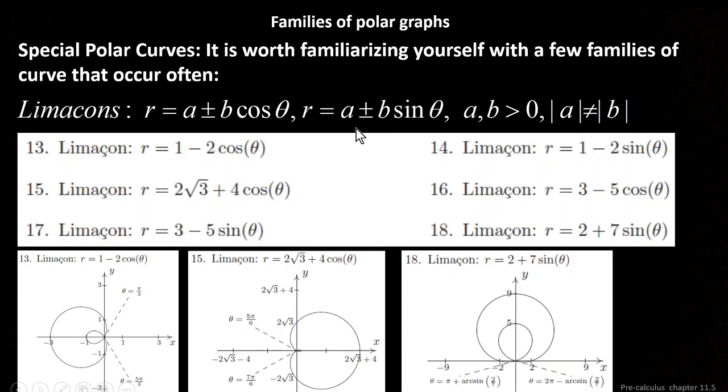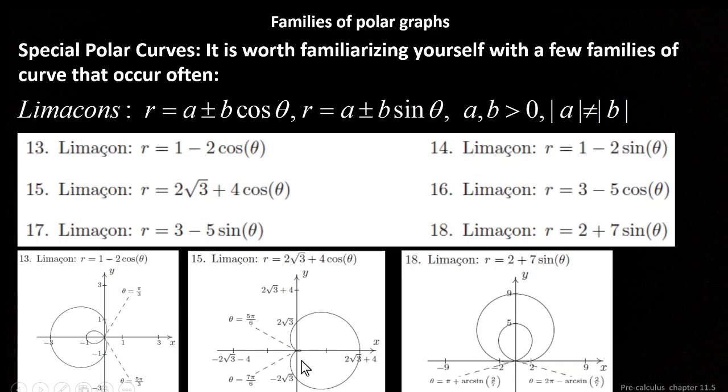They can't be the same, because if they're the same, then you get the heart shape. Depending on which one is bigger, you either get something that is not a heart. See, there is a space here, so it's not a complete heart. This doesn't go all the way to this point and come back. Or it actually has an inner loop here.